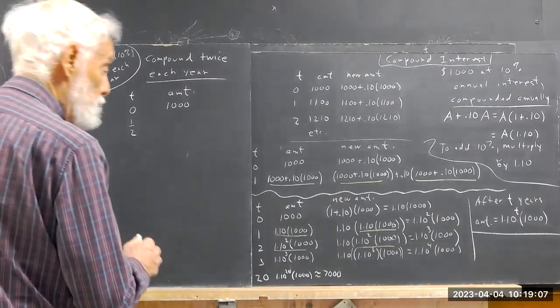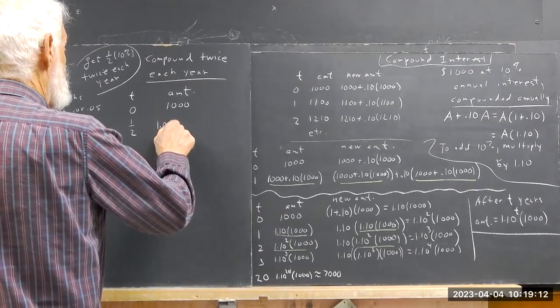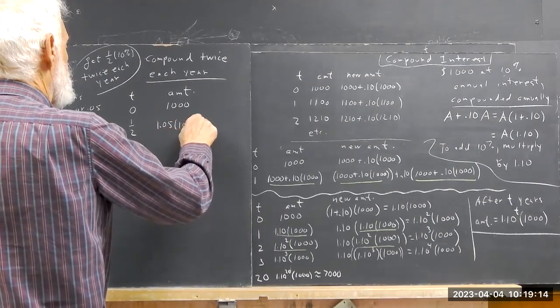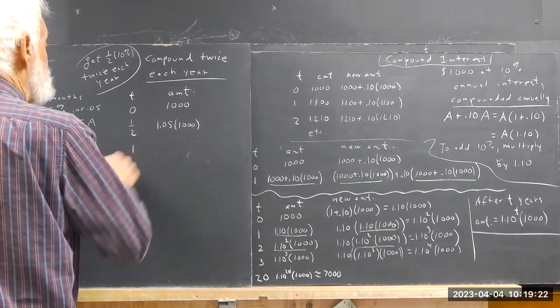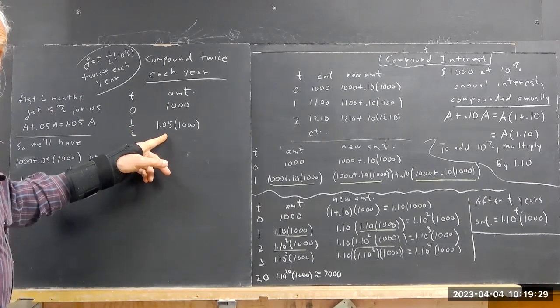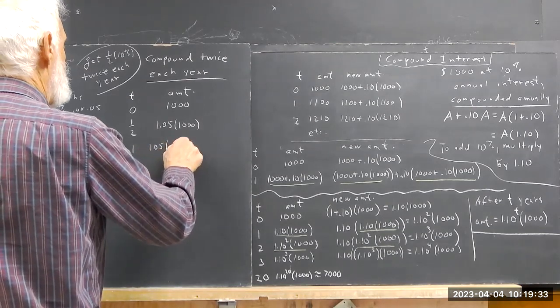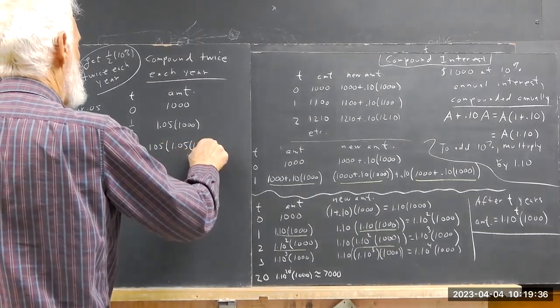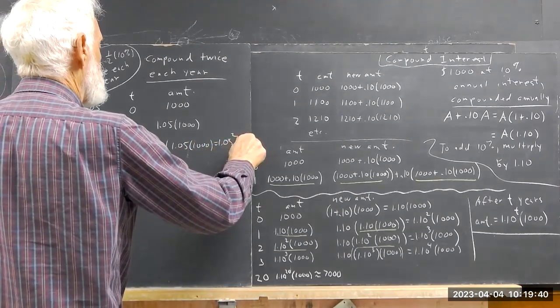You'd probably understand it better if you do, but it comes down to something pretty simple. We're going to have 1.05 times 1,000, right? And then what are we going to have after 1 year? Well, that's another 6 months. So we're going to do 1.05 times this. It's going to be 1.05 squared times 1,000.